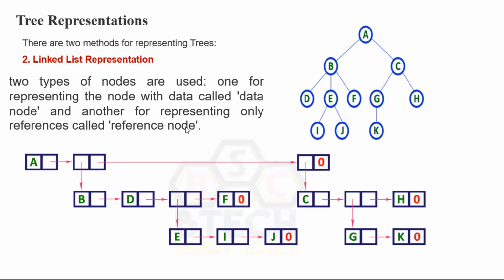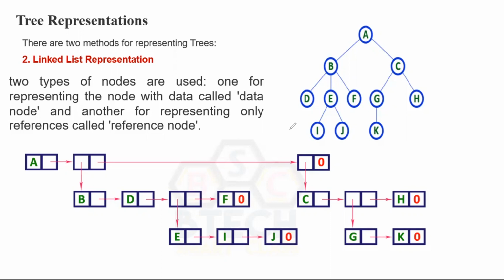Next, linked list representation for the tree. There are different forms using a node with 2 fields, one field for the data and the second for the reference, and there are other forms using 3 fields: data, left, right, or data, left, right sibling.